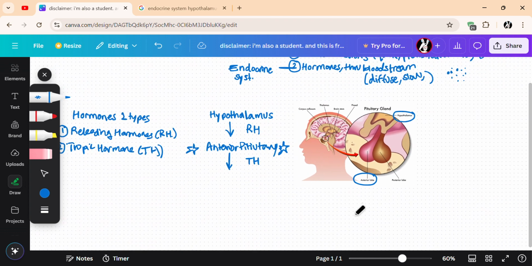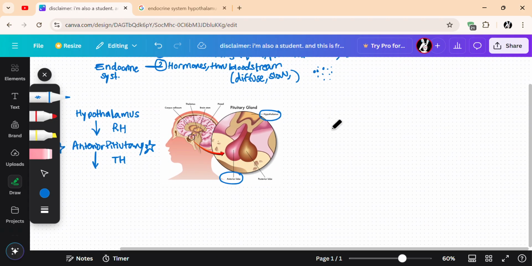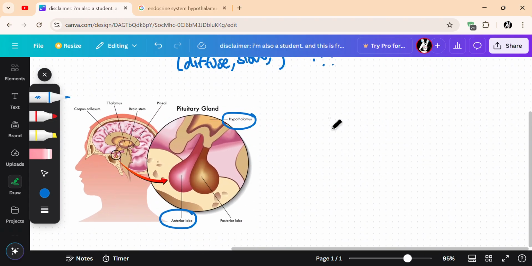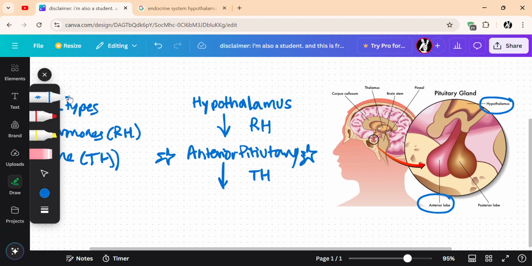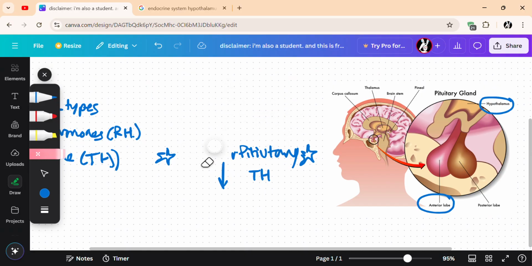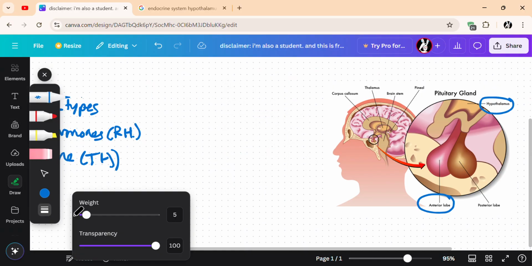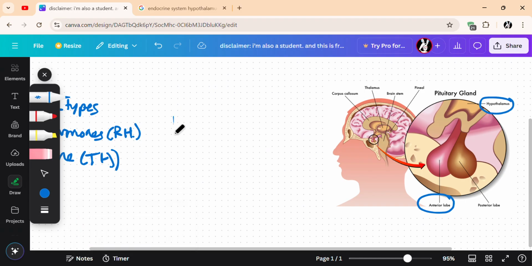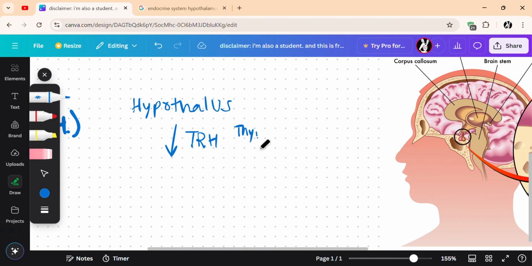Now, some very specific pathways we can take, for example, is the thyroid. Let's just rewrite all that. So you have your hypothalamus, which will release TRH, which stands for thyrotropin releasing hormone.